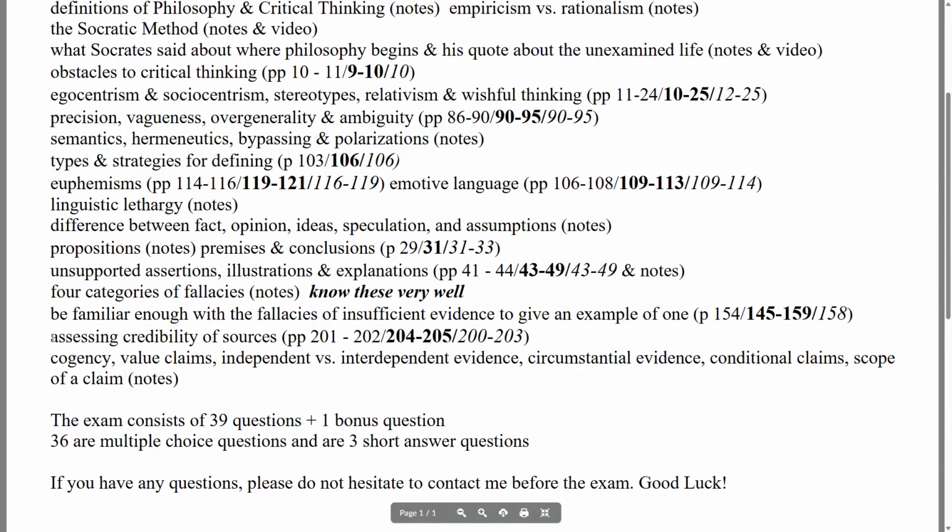Assessing the credibility of sources. Remember, we said credibility is the first step in trying to analyze an argument. Analyzing an argument takes time and effort. There's no reason to spend the time and the effort if we're not dealing with credible sources.